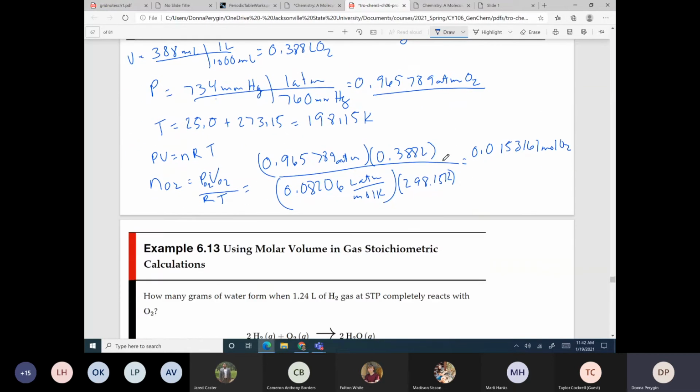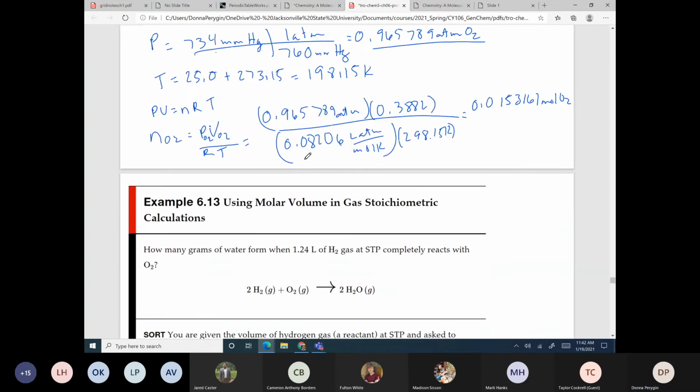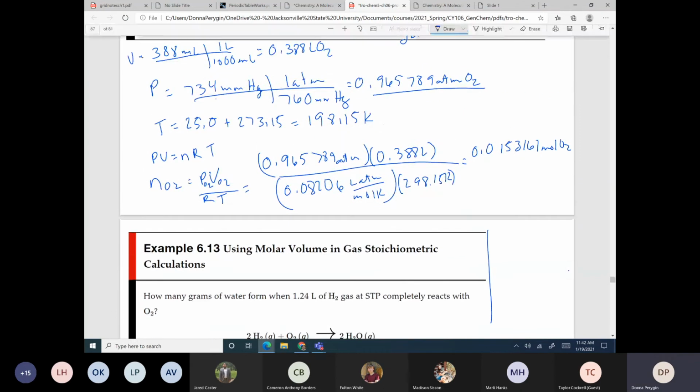So we got, I need more room here. All right. I'm going to have to keep writing down the side, okay? So I've got moles of O2, 0.01536161, that's moles of O2, and I've got 2 moles of Ag2O to 1 mole of O2, okay?